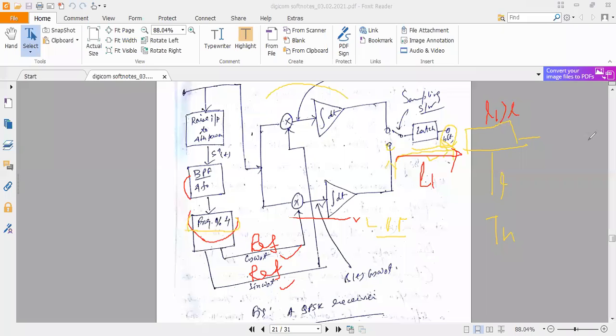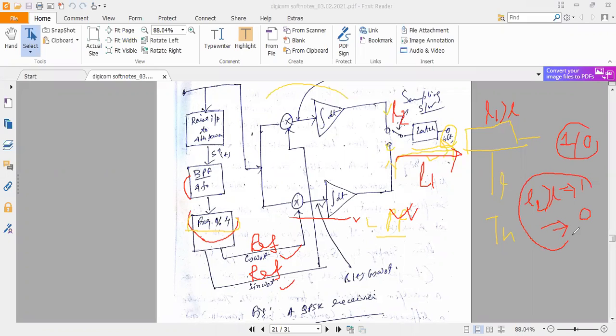If L1 is greater than L, we select 1, that means we have 1. Otherwise, we consider it 0. That is for the even channel, and similarly for the odd channel. Suppose this is L2, the output of this low pass filter. It will compare whether L2 is greater than L or not. If L2 is greater than L, we take the decision that 1 has been detected. Otherwise, if it is not greater than L, we consider 0 has been detected.